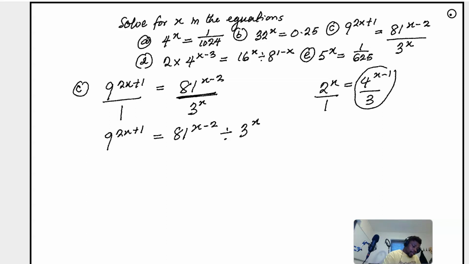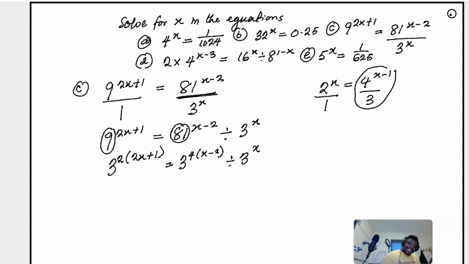So now, let's put 9 in its simplest form. That is 3 raised to 2, that is 9. So in bracket, 2x plus 1. Let's put 81 in its simplest form. That is 3 raised to 4. That is 81 in bracket x minus 2. So divided by 3 raised to x. Now, remember that the left-hand side base is 3.